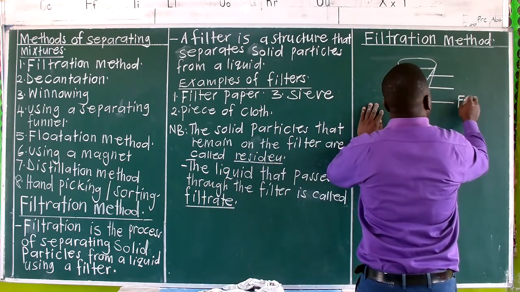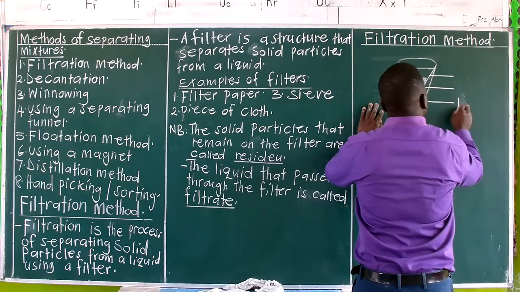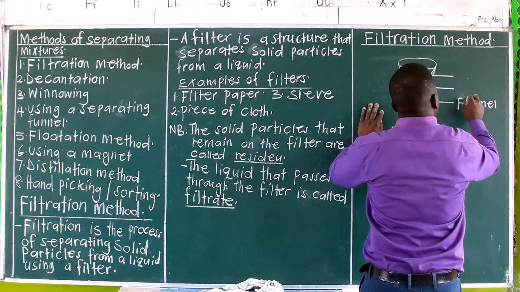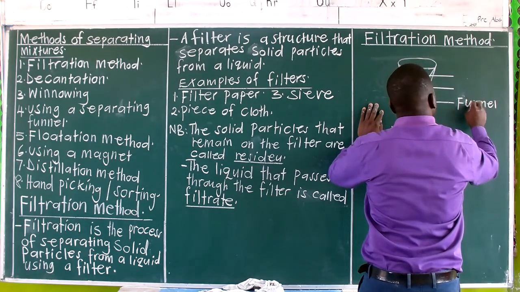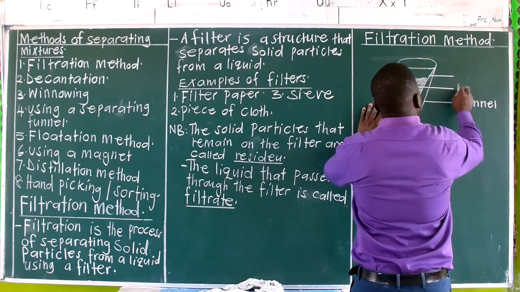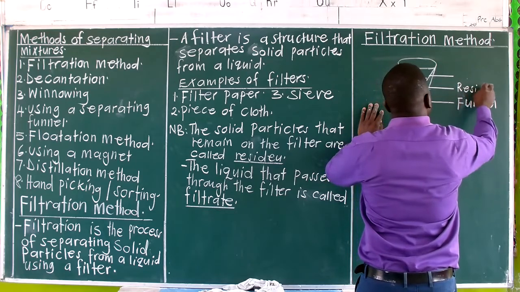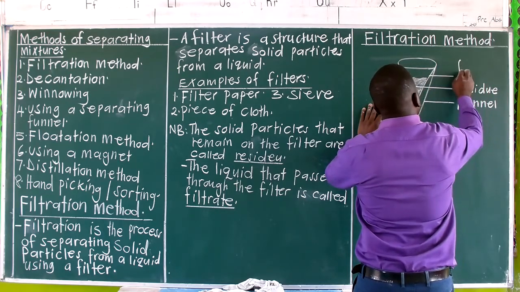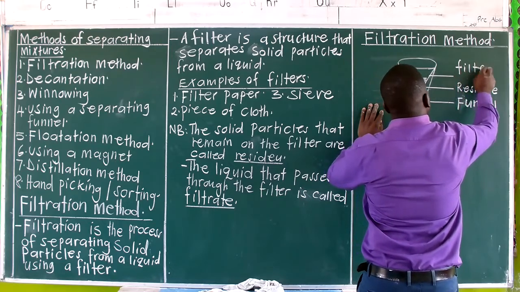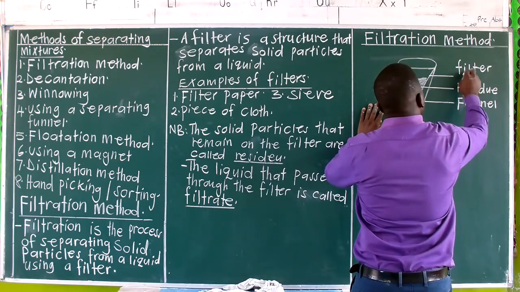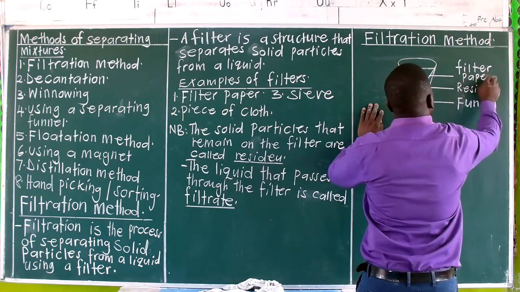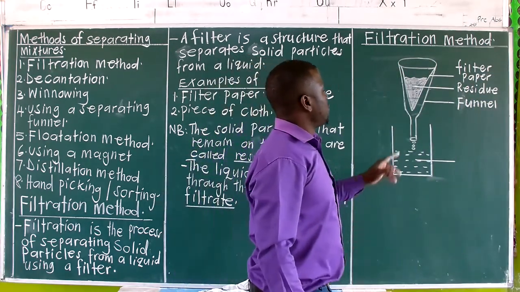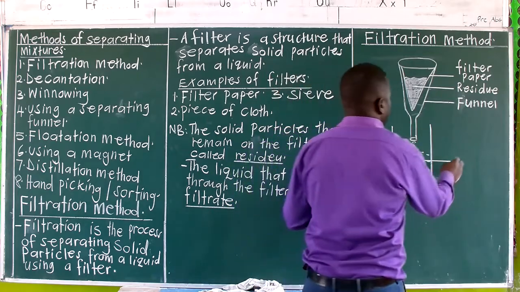The word funnel is written like this, double N. This one is residue. This one is filter paper. Residue, funnel, then this one is called filtrate.